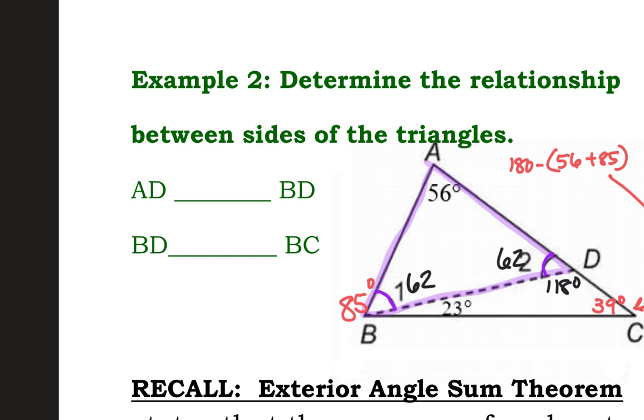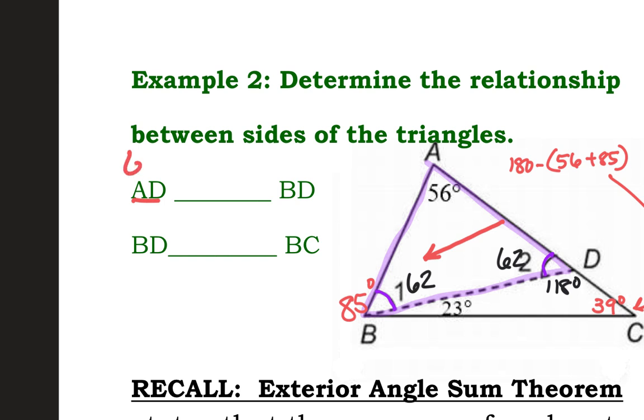Okay. All you're going to do is look at the angle across side A to D. So look, they're looking at A to D and B to D. What triangle are they focusing on, ABD or DBC? Which one are they focusing on if they're comparing A to D and B to D? A to D. All right, so they're looking at the highlighted purple one. So looking at the highlighted purple triangle, what degrees is across A to D?